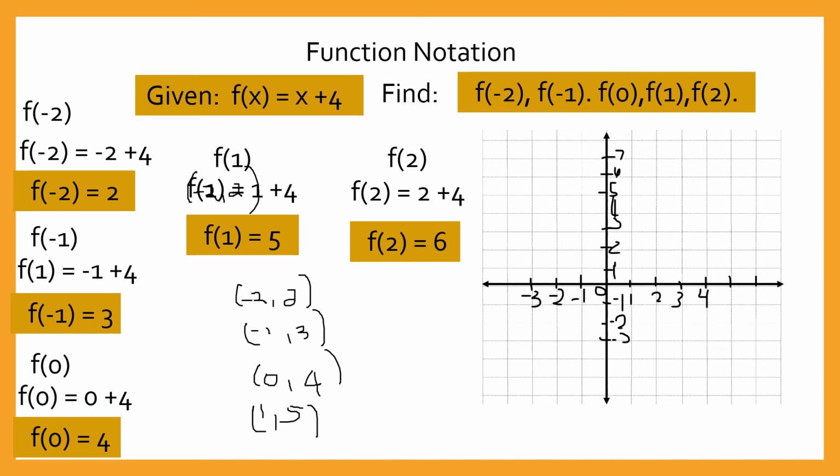And then if x is 2, then y is 6. So we can plot this on the Cartesian plane to find out what the graph looks like. That's the graph. We're going to plot the points. It's a straight line.